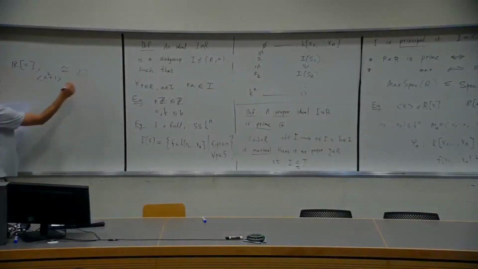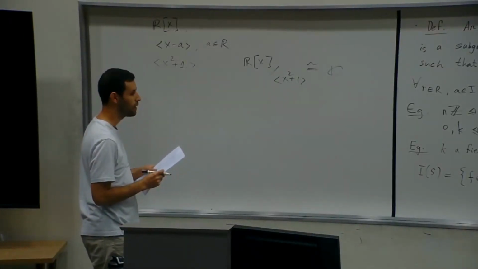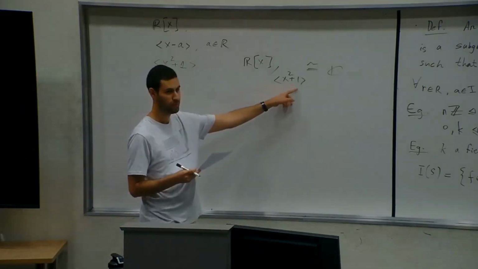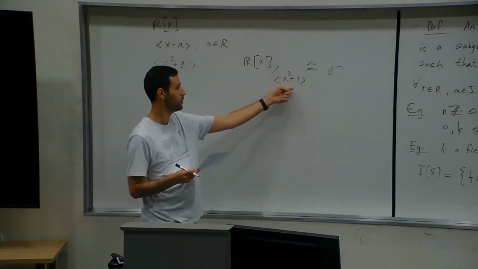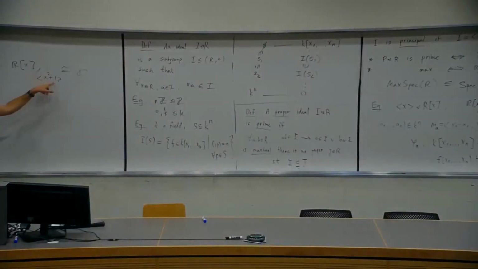So when the field is not algebraically closed, there are more maximal ideals, because if it's not algebraically closed, you can find an irreducible polynomial without a root.